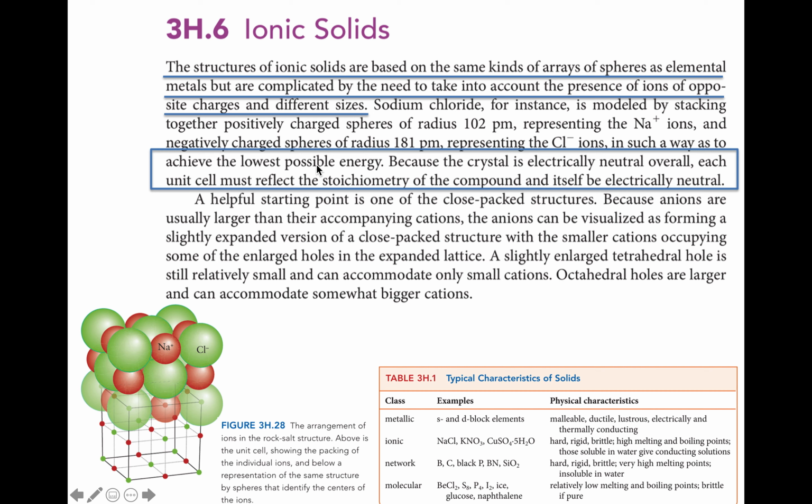We're accounting for both the stoichiometry, and it has to be electrically neutral throughout. If you look within the stoichiometry and what it's trying to show us within the size, the anions here are being shown larger than the cations. If we think back to our periodic properties, that's a pattern that we saw.